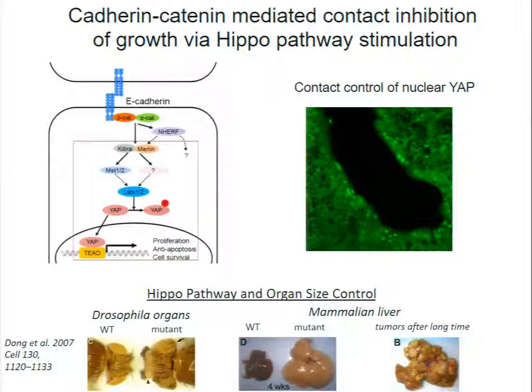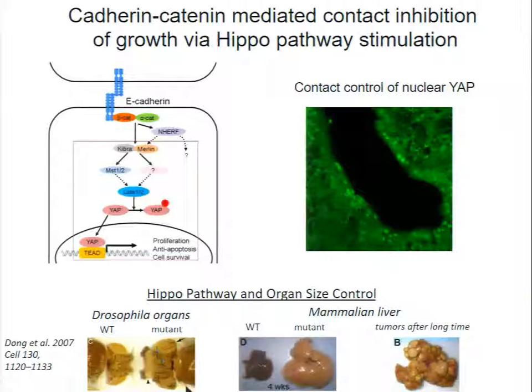Now, several years ago, we provided evidence that contact inhibition, at least in some cases, was mediated by cadherins and catenins, mediating cadherin contact between cells, and that was mediated by the so-called Hippo pathway. So the Hippo pathway, for those of you who don't know, it's called the Hippo pathway because it was first discovered, if we look in the bottom of the slide, in Drosophila as a pathway that regulated organ size, controlled organ size growth.